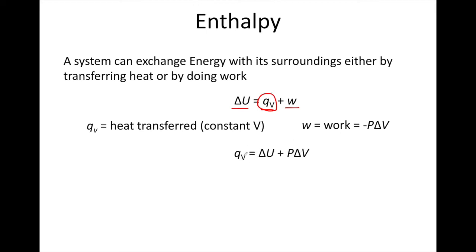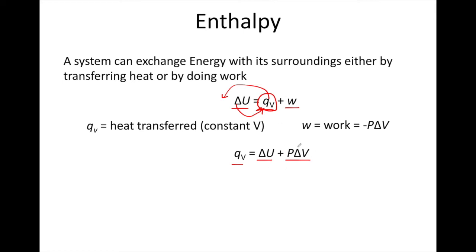Well, at constant volume, we just rearranged this. We've moved our Q out there and solved for Q sub V. So our heat released at constant volume is equal to the change in internal energy plus the pressure times change in volume. So we've just rearranged this equation.